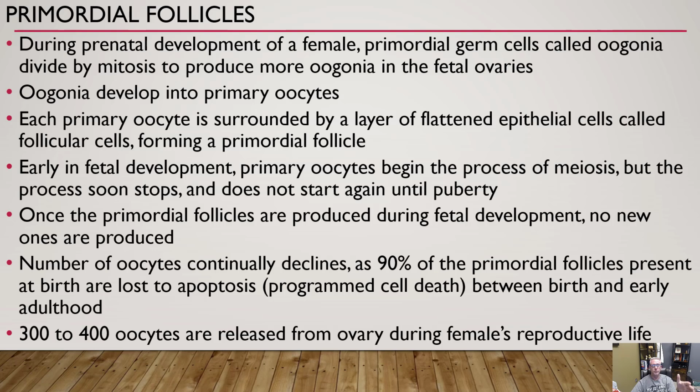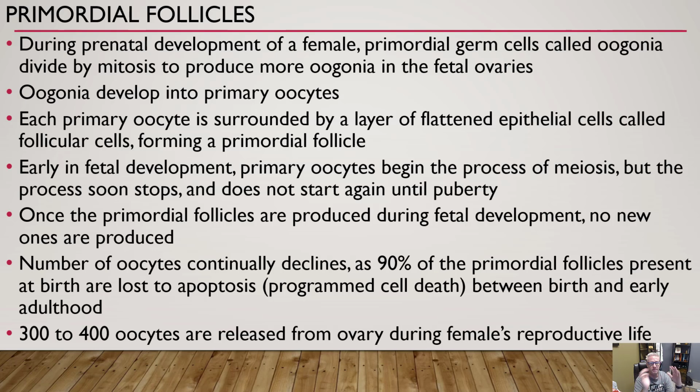And these oogonia develop into primary oocytes. All right. And then the primary oocytes are surrounded by a bunch of epithelial cells called follicular cells, and they form this primordial follicle.